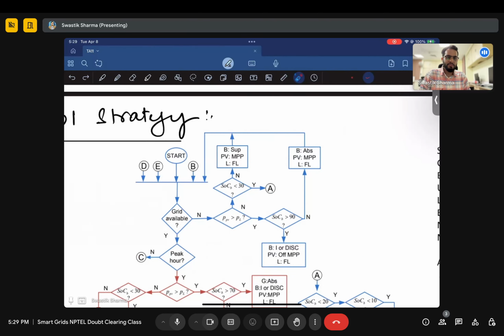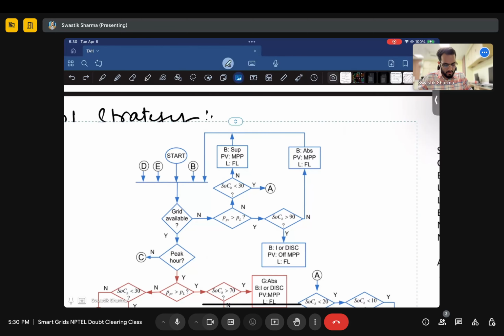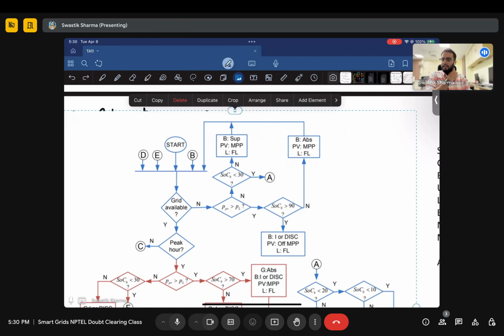So it's a simple flow chart, right? What you want to do is, based on how much level your battery is, based on if you are at a grid connected mode or not, if you are having a peak mode or not having a peak mode, how the devices behave in each of these modes. And there are only two modes that we have talked about, and the instructor has also talked about it.